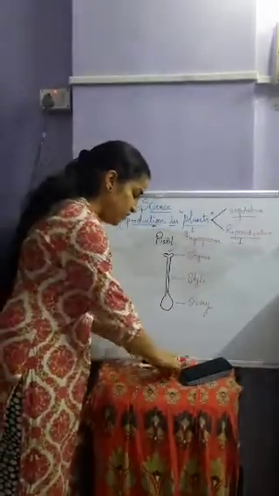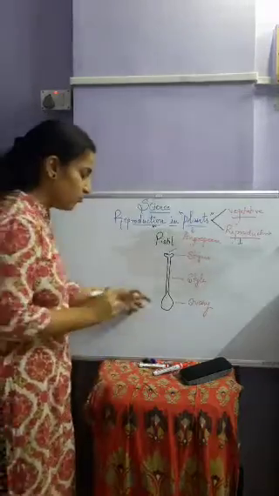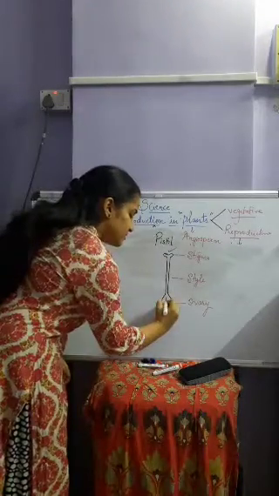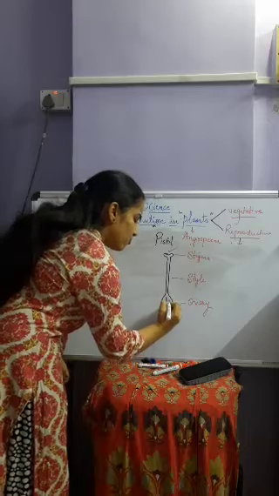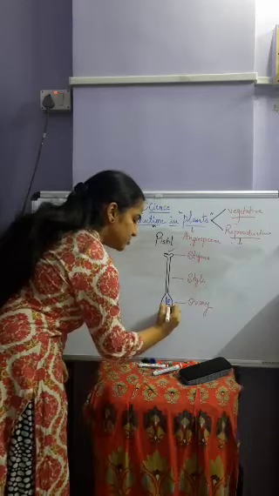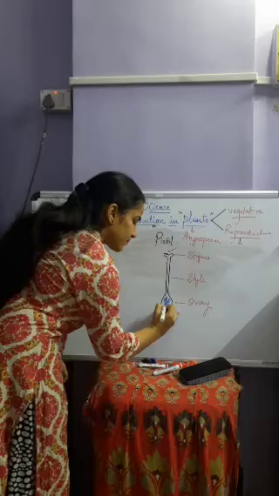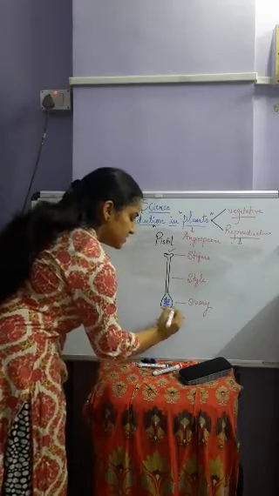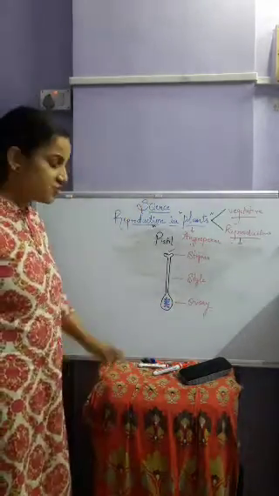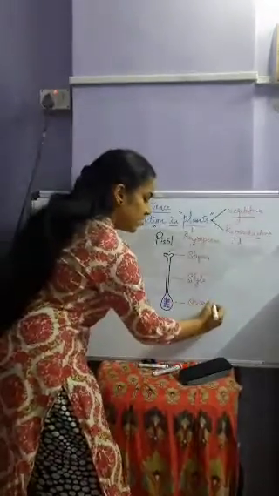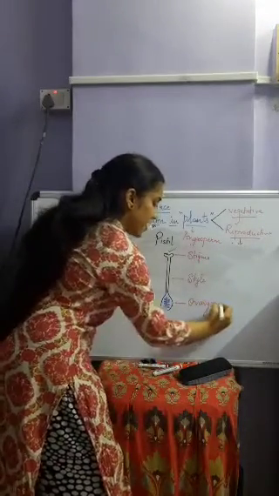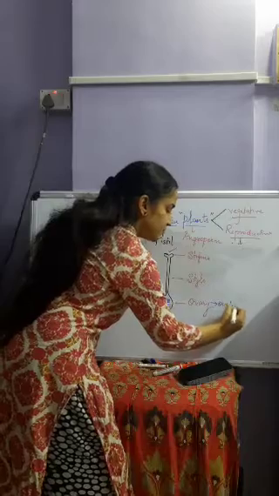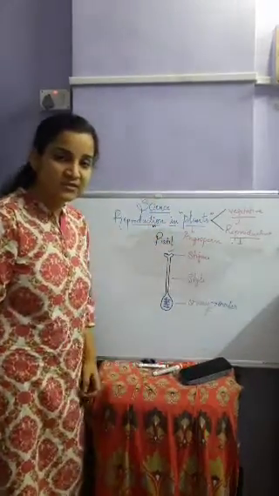Inside the ovary, there is presence of more smaller structures, which are said to be ovules. What are ovules?